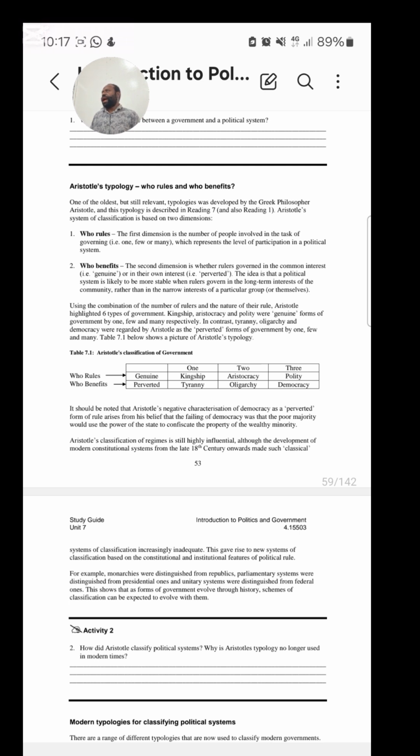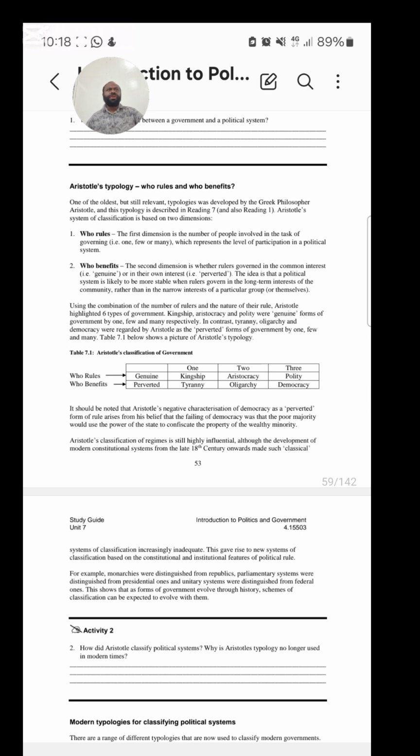Now, Aristotle had a different idea of democracy. The initial democracy, not the representative democracy that we have today. The representative democracy is a product of the late 18th century. But the earliest form of democracy forms the basis of that.